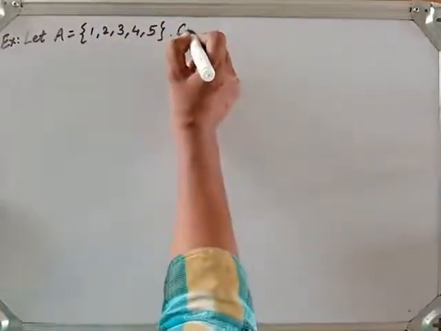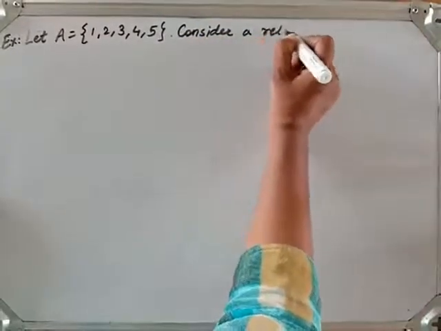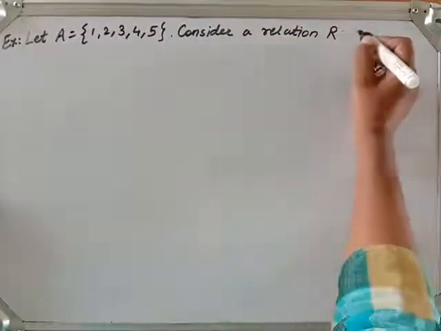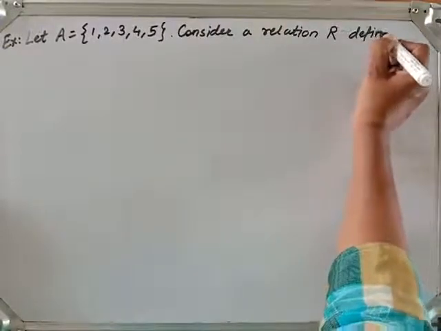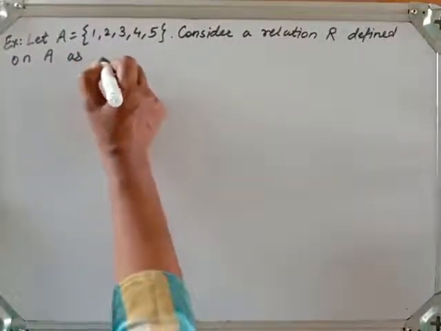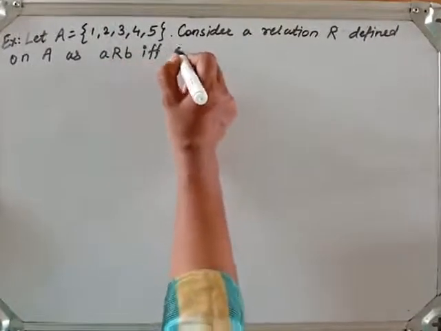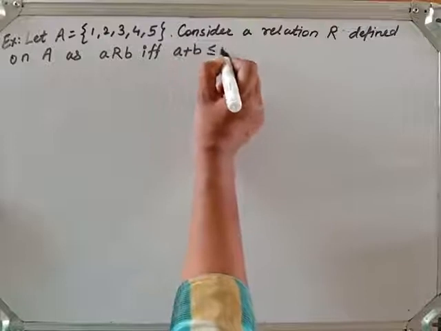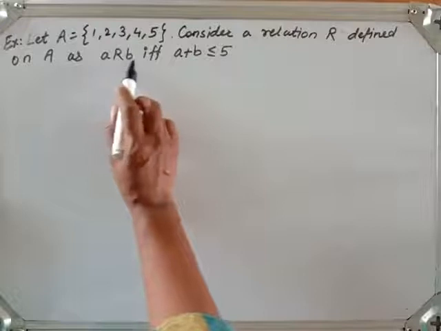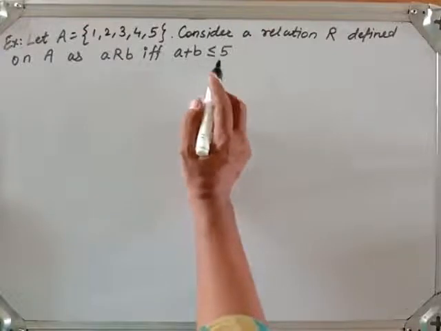Consider a relation R defined on A as a is related to b if and only if a plus b is less than or equal to 5. Means such a pair whose addition of their elements will be less than or equal to 5.